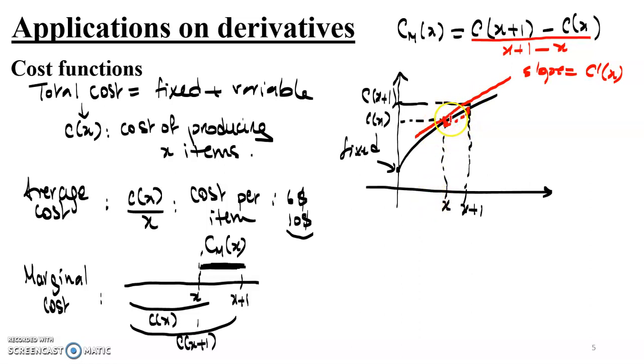Being almost parallel, it means that C prime of x, which is the slope of the tangent, is approximately equal to the marginal cost. So the marginal cost could be approximated by the derivative at that point. For that reason, in order to study the marginal cost, what we do is study the derivative function of the total cost.